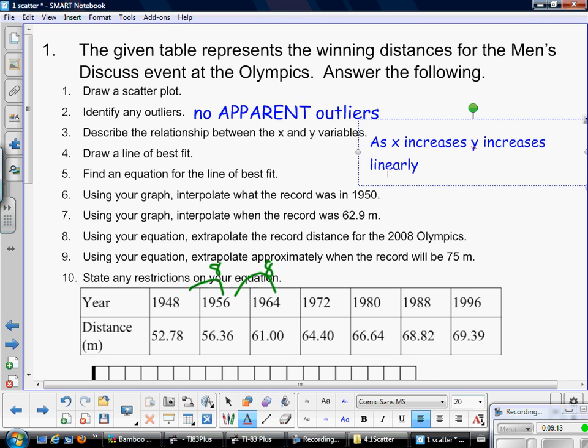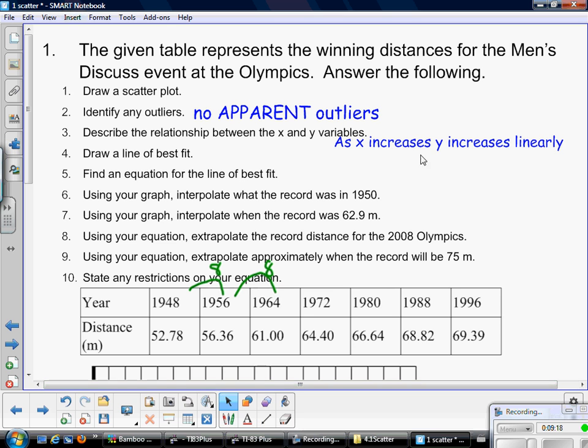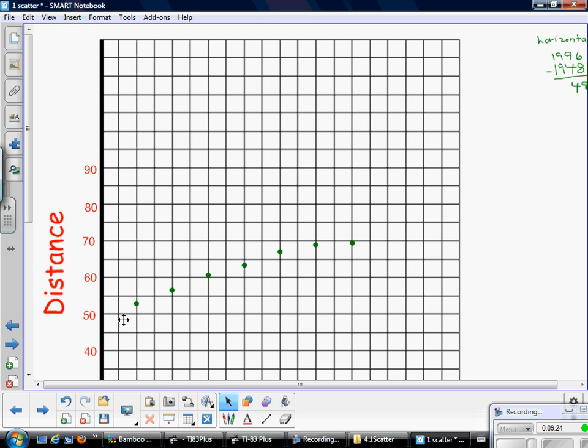Now, we know that eventually over time it would have to slow down, because human beings aren't going to be able to throw something a kilometer unless something genetically happens to us. I mean, that doesn't make any sense, right? Especially remember we're throwing discus, so those aren't going to change.